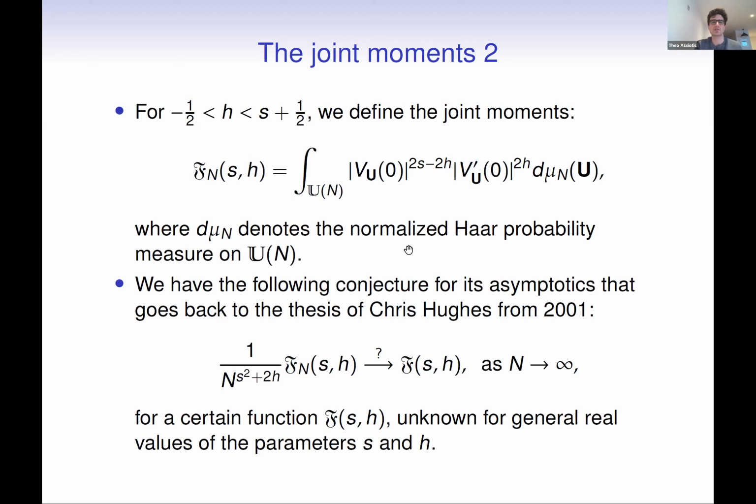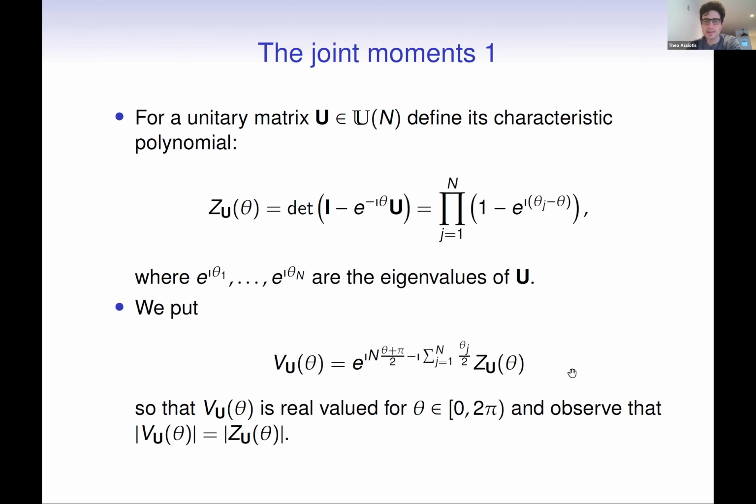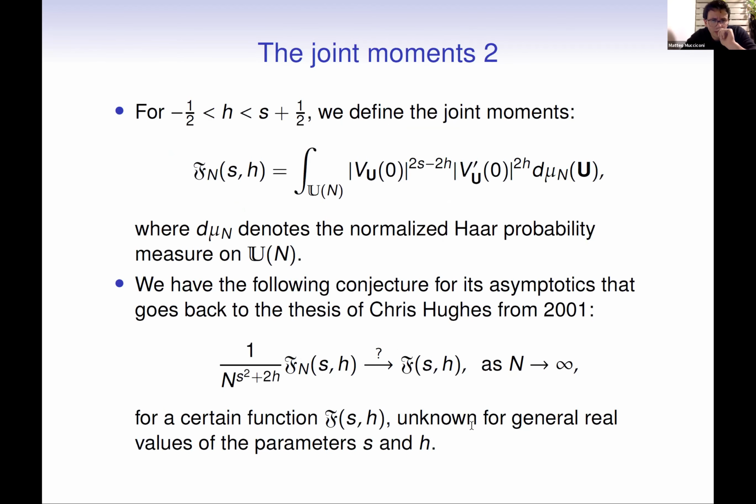I'm taking expectation with respect to the normalized Haar measure on U(N). Sorry, and again, what is V? V is this characteristic polynomial shifted by this phase, so it's real valued. And then I have two parameters s and h, and I need these restrictions on h so that this is actually finite.